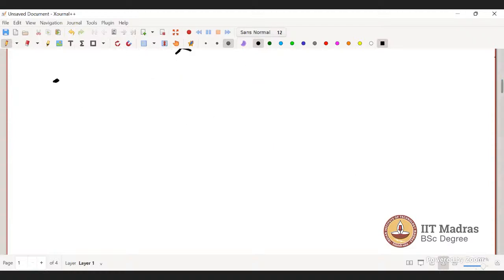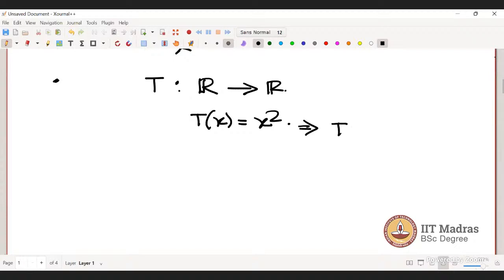For example, you can take a map from R to R, where T of X is X squared. As you can see, T of 0 is 0. Here I am taking R as a vector space with the usual addition and scalar multiplication.